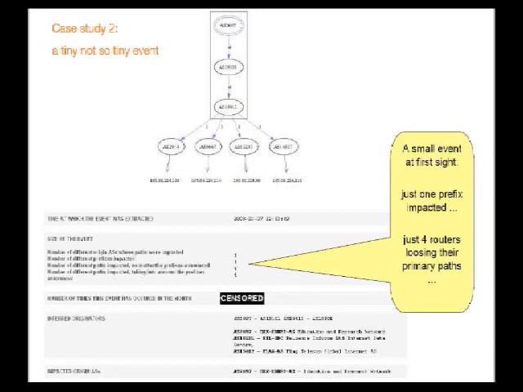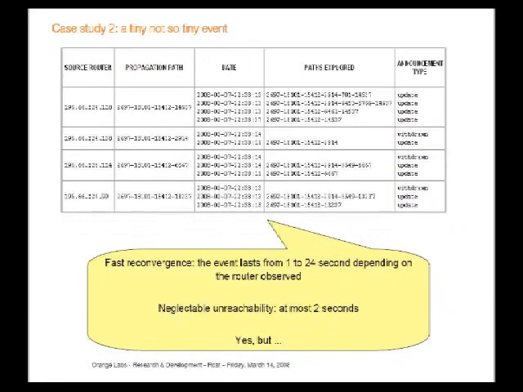Only 4 routers among the 16 have lost their primary paths. Even the path exploration is very limited. You see that the event reconverges very fast. It lasts only for a few seconds, and there's almost no unreachability because of this event.